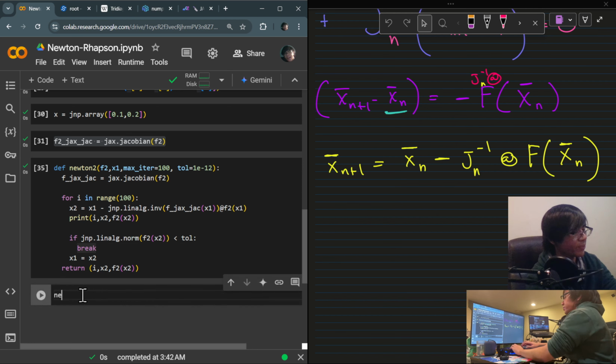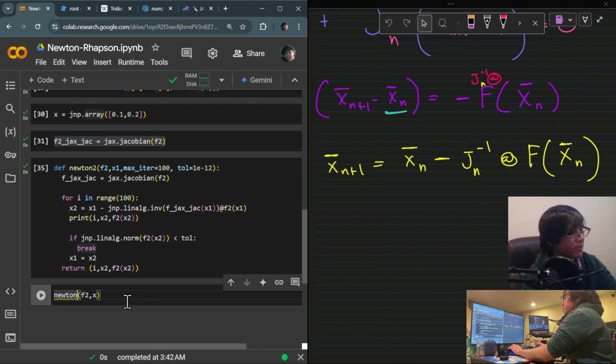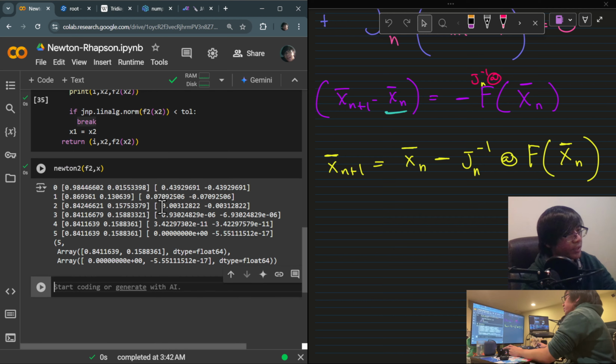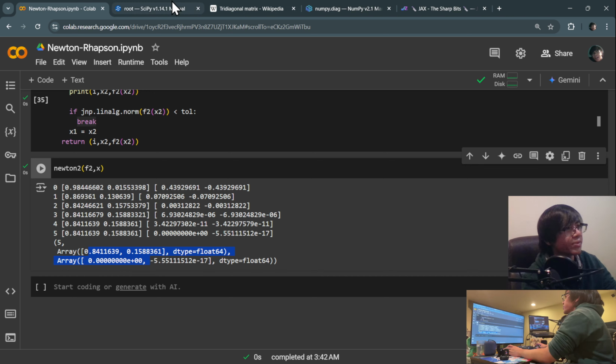Okay, let's see. f2 and then x, right? x right there for our initial guesses. Newton 2. Please work. Okay, got it in 5. So I did it all on split screen. Here we go. We have our roots and our iterations. It took us 5 iterations, and we have the roots of that.